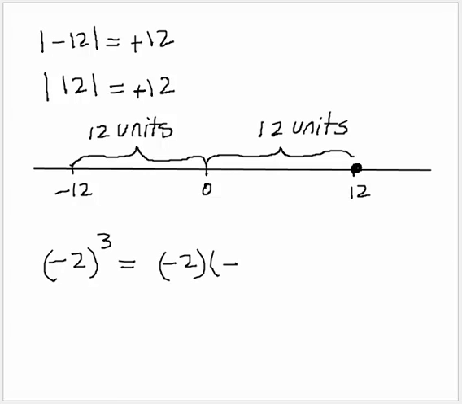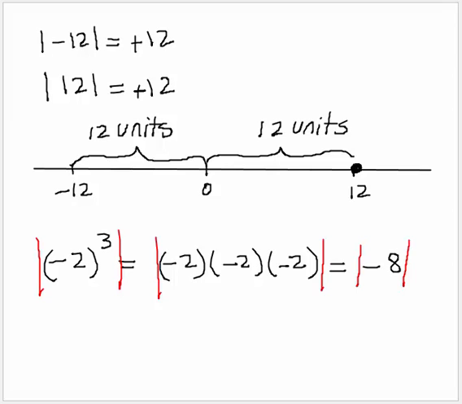Minus 2 times minus 2 times minus 2 would be minus 8. So the absolute value of this would turn out to be equal to plus 8. Okay, can I see a check mark next to your name if everybody can follow this concept here?